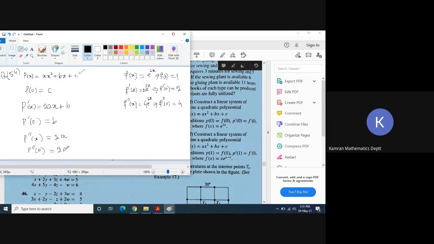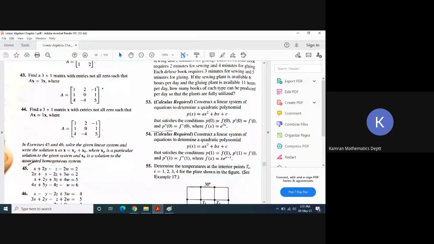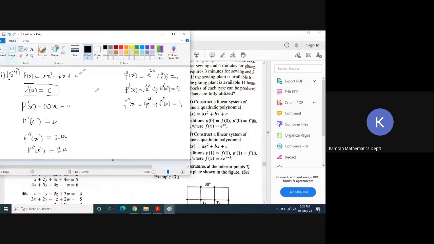Now it is given that P of 0 is equal to c, but it is given that P of 0 is equal to f of 0. So P of 0 equal to f of 0 means c is equal to 1.